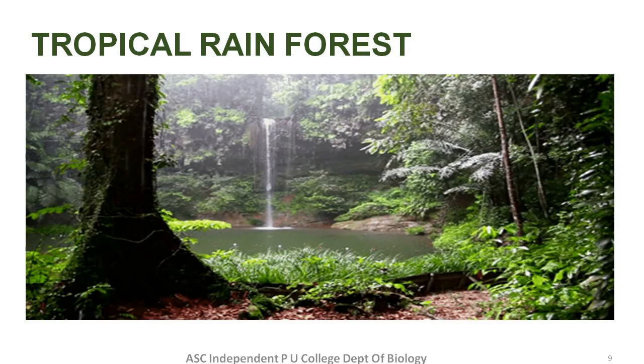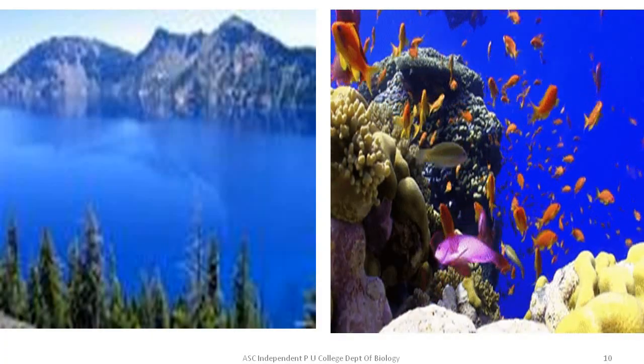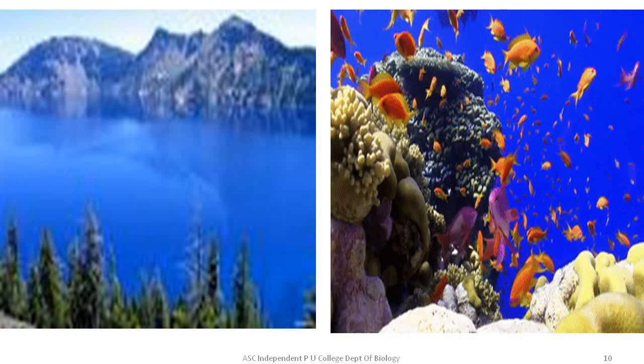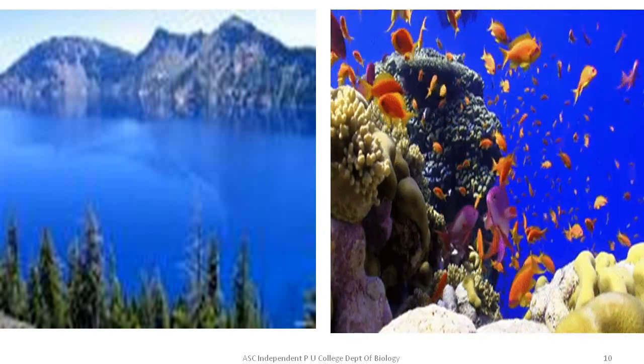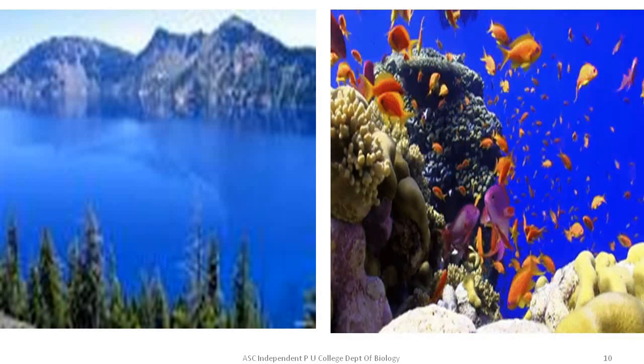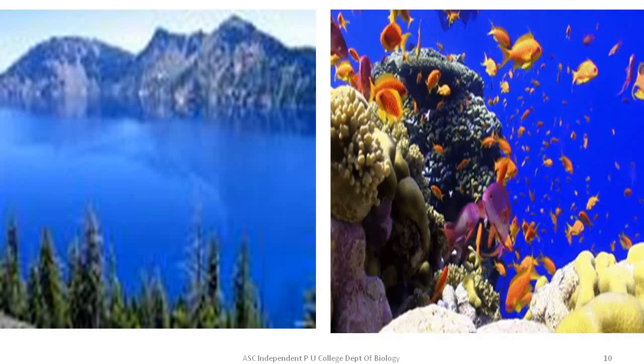The tropical rainforest has the maximum number of plant species, so the productivity also will be much higher when compared to any other ecosystem. In the ocean, nitrogen is considered to be the limiting factor, and in the case of a lake, phosphorus is considered to be the limiting factor.